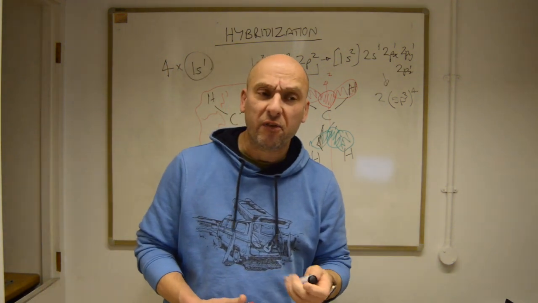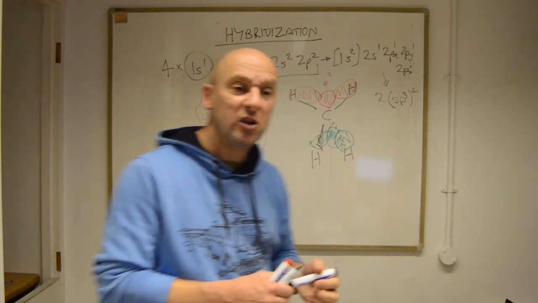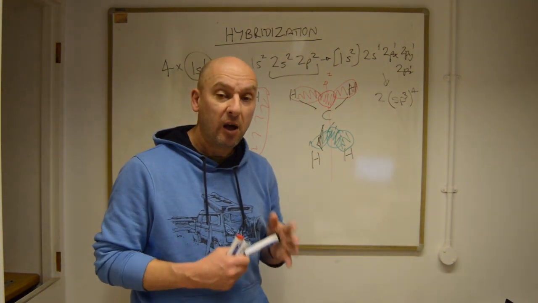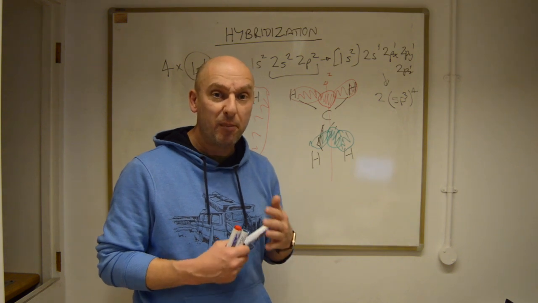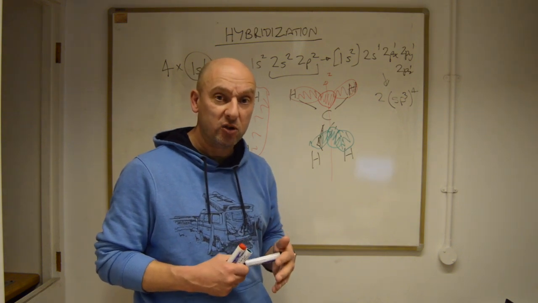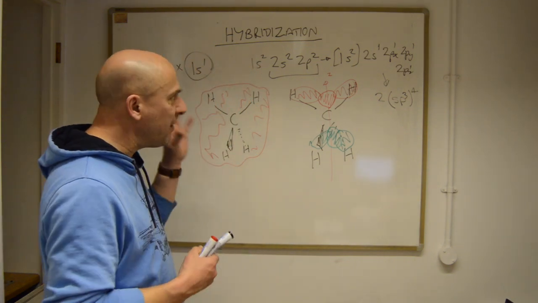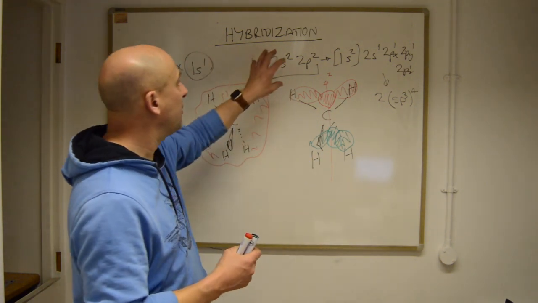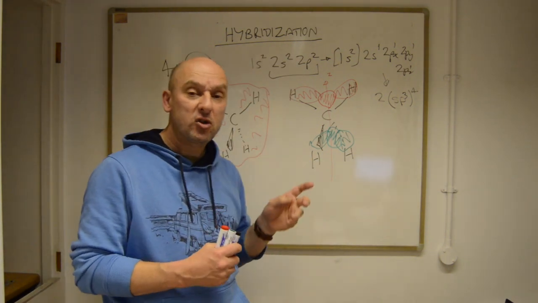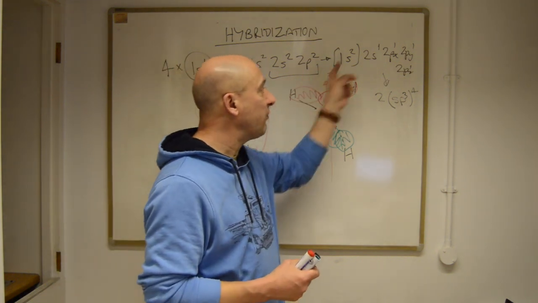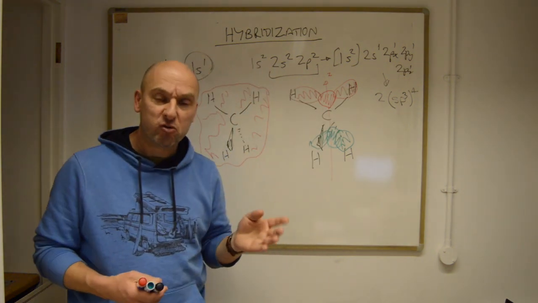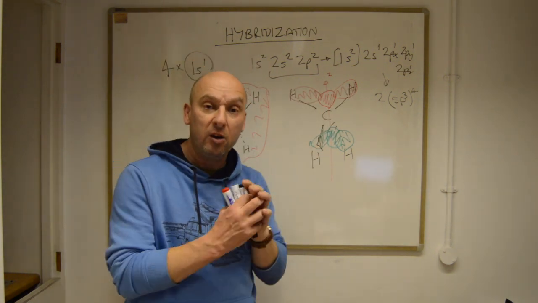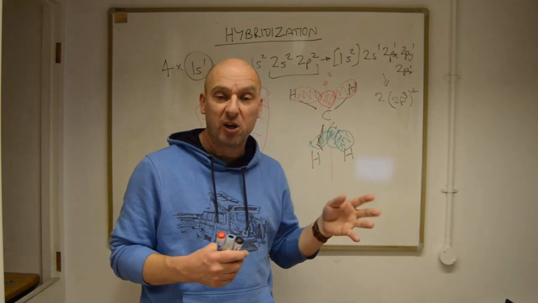So now we've got to focus on what hybridization actually is. Hybridization is something we do mathematically on the orbitals. We don't ever have a situation where a carbon atom comes along with four outer electrons and somehow we actually physically promote an electron from one orbital to another, and then it forms these hybridized bonds.